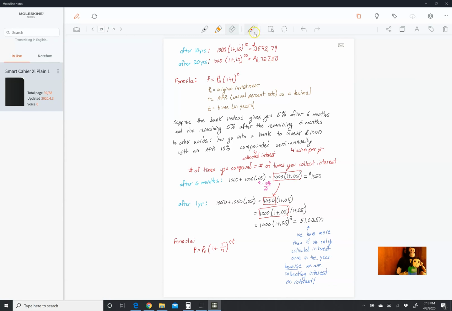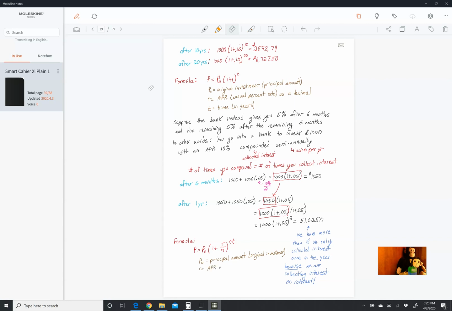Okay, so let's write this down, what each thing represents, just like before. So this original investment, I'm going to add it up here too. It's referred to as the principal amount. So P0 is the same thing. Principal amount or original investment. I switched this, that's because it means the same thing. Your R is still your APR as a decimal.